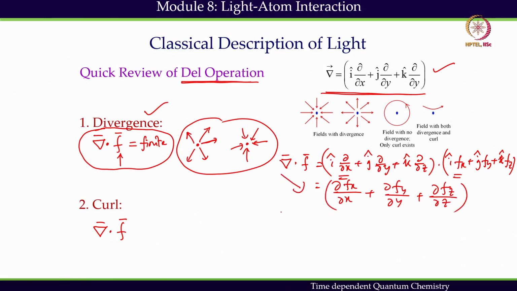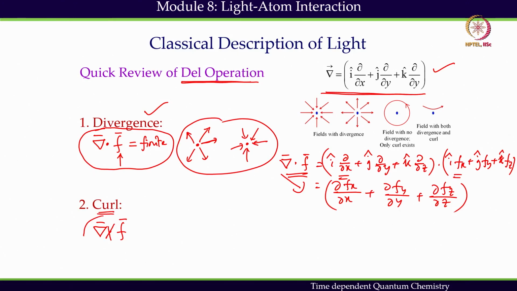But what does it mean? After doing all this mathematical derivation, if I find that this dot product is 0, it will mean that the fields are not originating from a point, diverging from a point, or converging to a point. That's the meaning it will hold. On the other hand, I can check the curl, which is defined by the cross product of the del operator with the field.